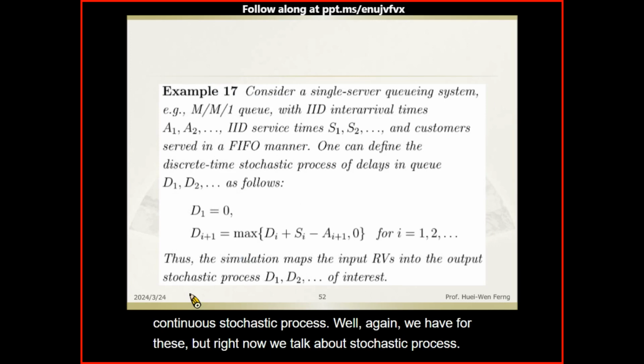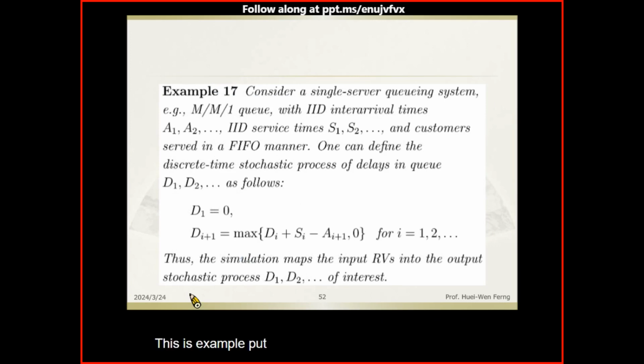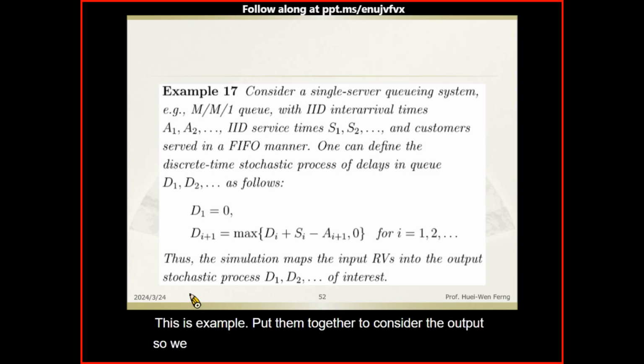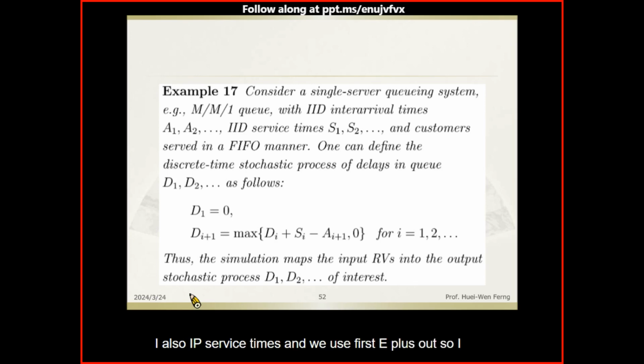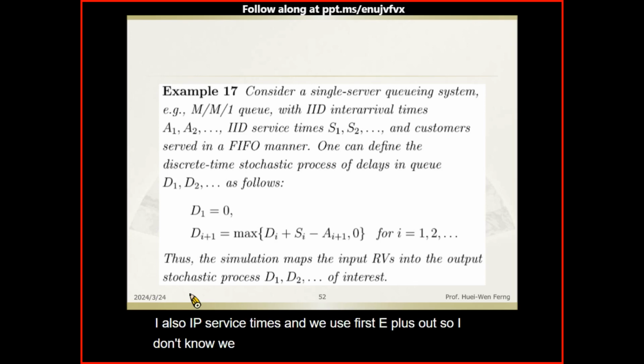Well, this is an example. Put them together to consider the output. So we consider the M/M/1 queue. In the past we have IID turnaround times and also IID service times, and we use first in, first out. So up to now, we just describe M/M/1 to let you know.